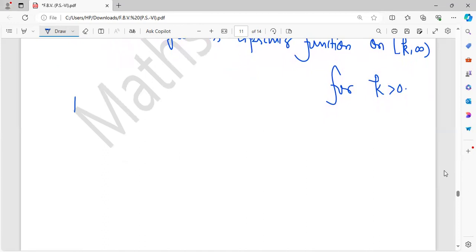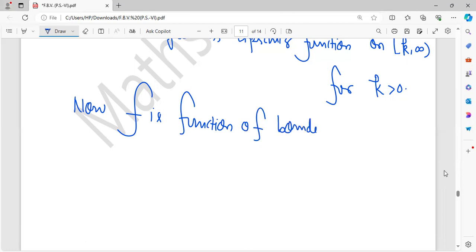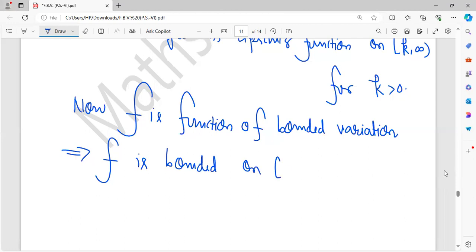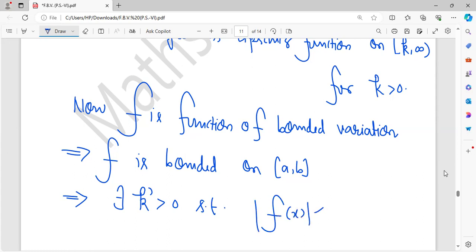Now f is a function of bounded variation, so this implies f is bounded on [a, b]. So there exists k dash greater than 0 such that f(x) is less than or equal to k dash for all x belonging to [a, b].